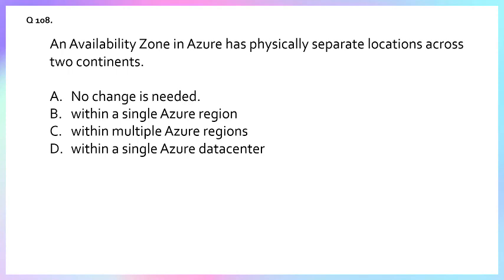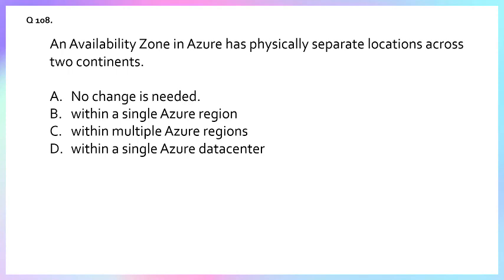Why? An Azure availability zone is a physically separated location within a single Azure region, each with independent power, cooling, and networking. They are designed to protect applications and data from data center failure. So the statement in this question is incorrect because an availability zone is not separated across two containers. That's more like geo-redundancy between regions.